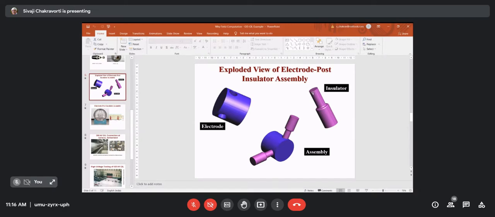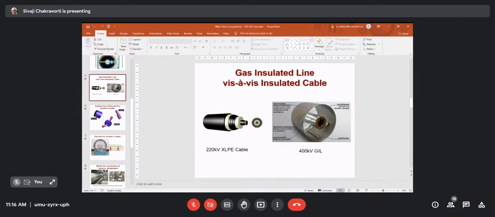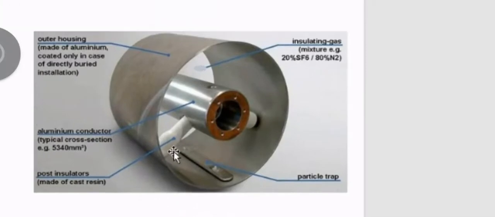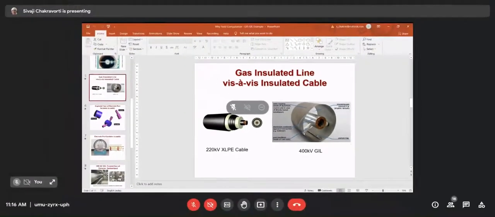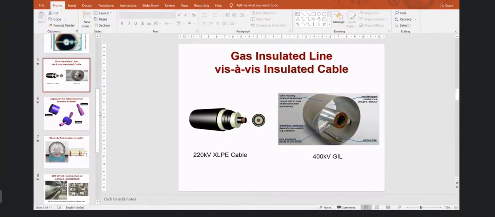So this smaller part will go into this cylindrical hole, and this larger part will rest on the outer enclosure. So it is like this. If you look closely, you can see the white one. It has gone into the inner conductor, and the larger dia is resting on the outer cylinder.